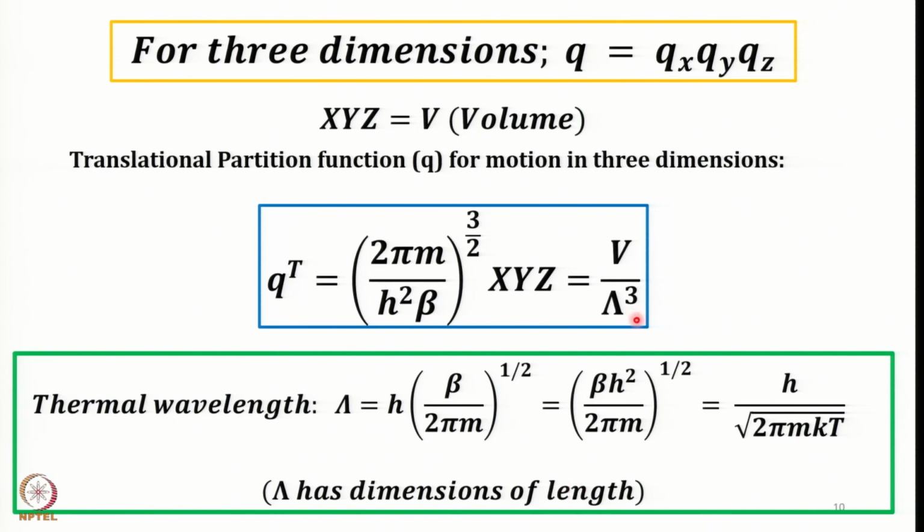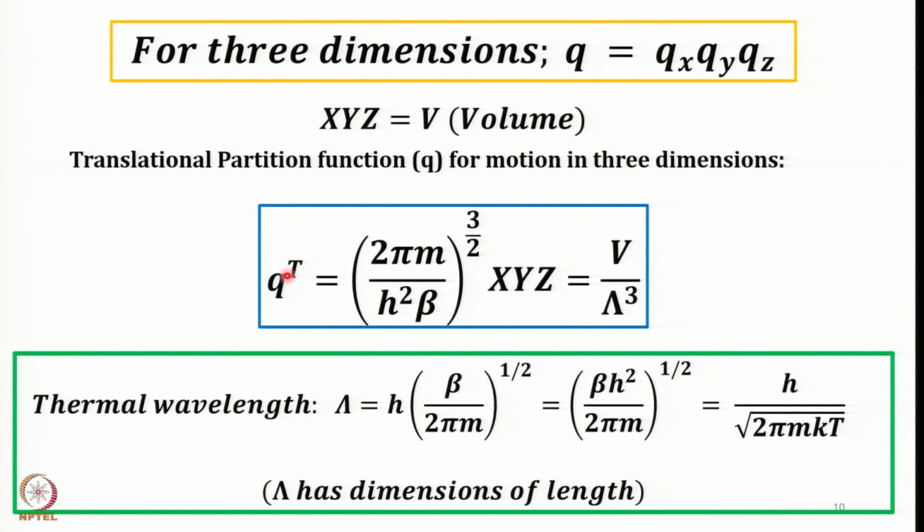So, if we know the thermal wavelength and the volume of the system, we can easily calculate the translational contribution. The thermal wavelength depends upon mass and temperature. Boltzmann constant and Planck's constant are constants. That means the higher the mass, the lower is the thermal wavelength. The lower the thermal wavelength, the higher is the translational partition function.